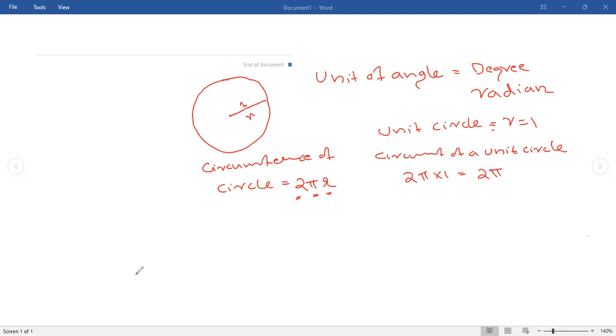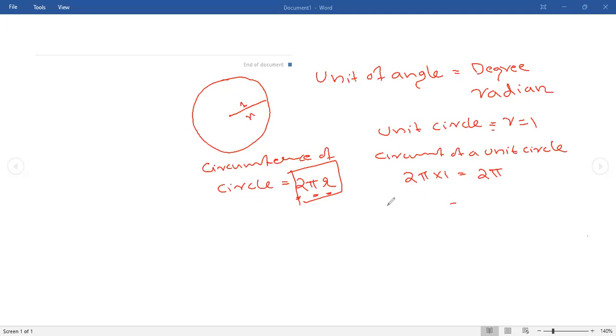In a circle, the circumference is 2 pi r, and in the case of a unit circle, because r is 1, the circumference will be 2 pi.